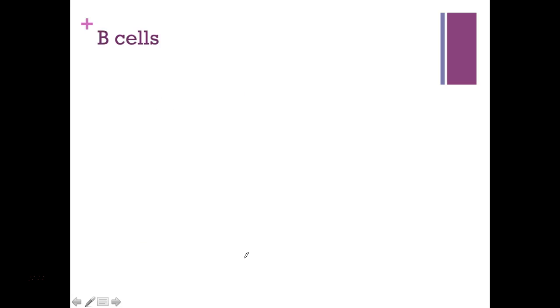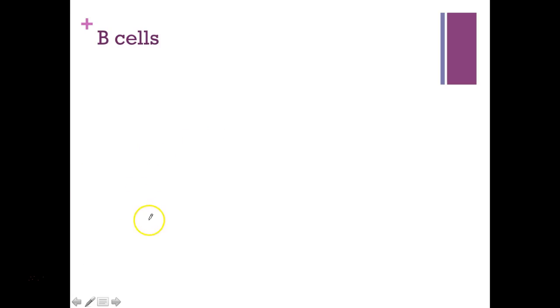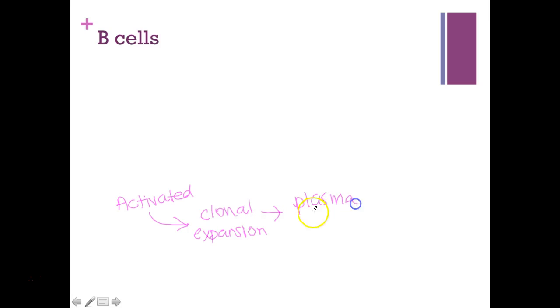Well, actually, we got to go back to the B cells. And there goes my drawing, it disappeared again. Right after it becomes activated, what it's going to do is clonal expansion. It's going to clone itself and create all these plasma cells.